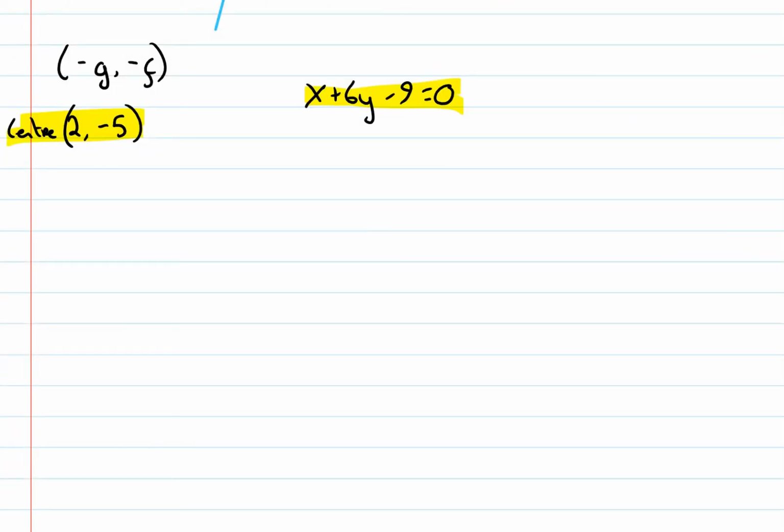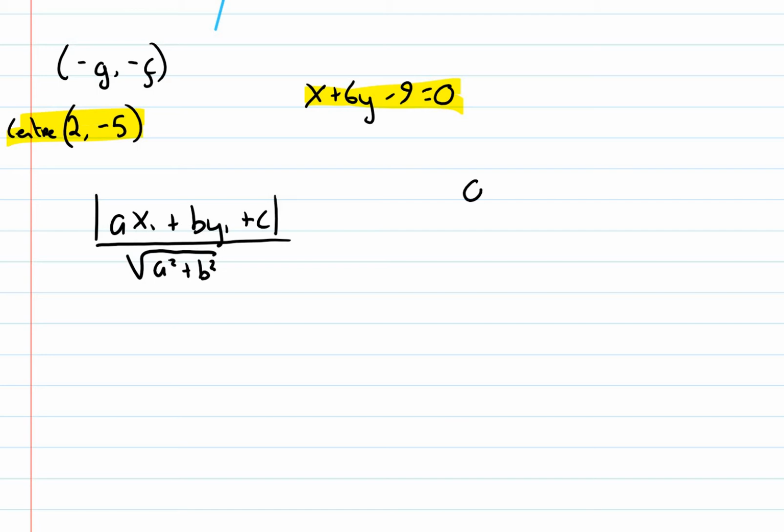Right, so getting the distance between a point and a line, the formula is the modulus of ax1 + by1 + c, all over the square root of a squared plus b squared.